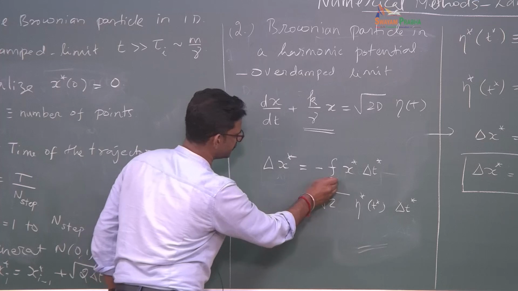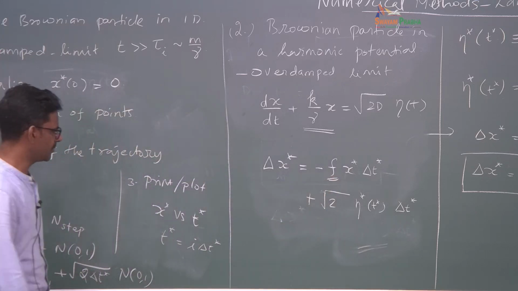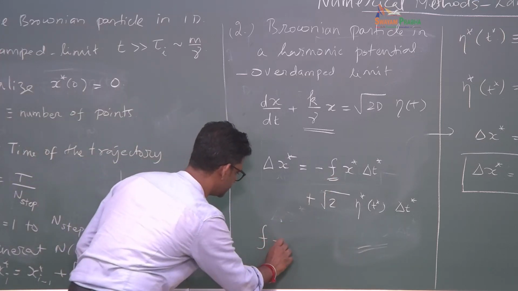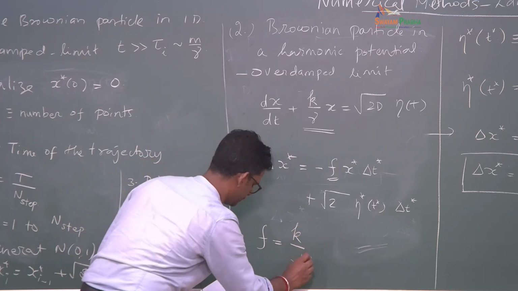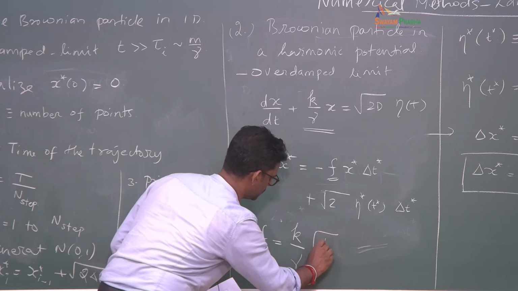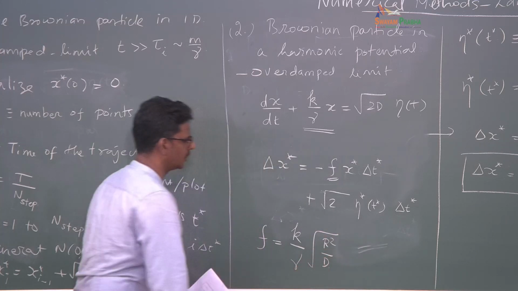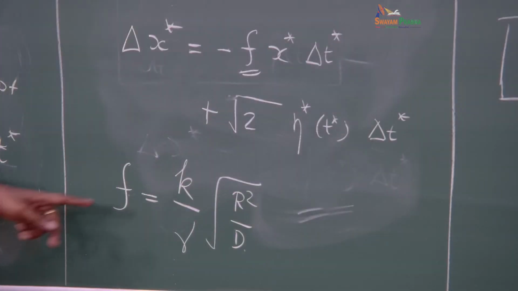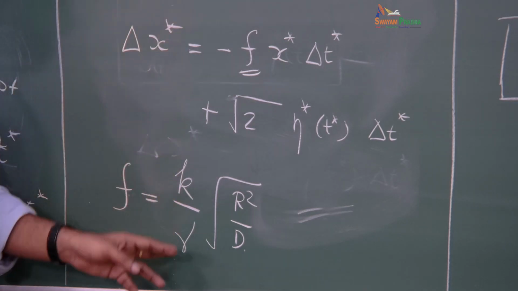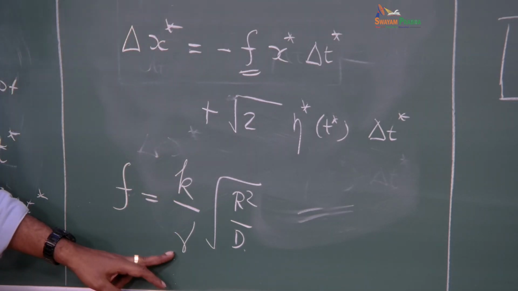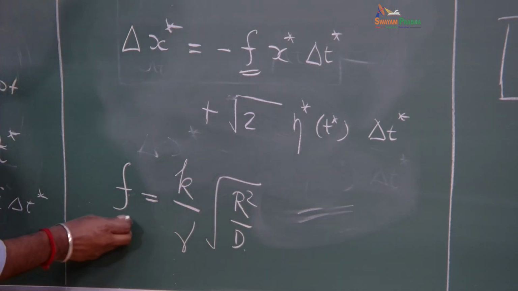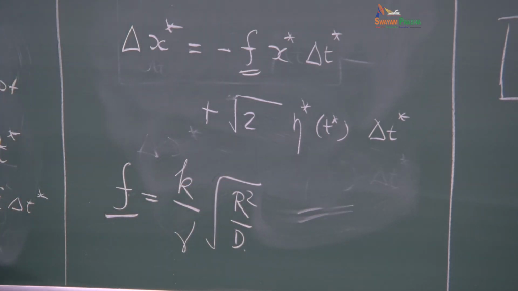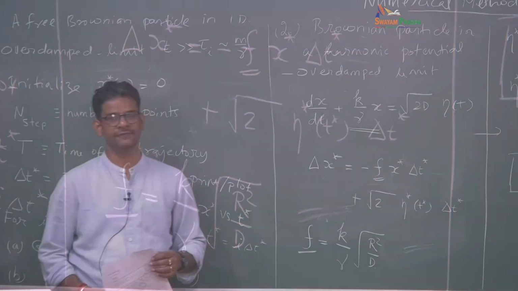Here you can see there is a parameter f that is coming up, and this is defined, as I said before, as a non-dimensional parameter, kappa or k over gamma times square root of r square by D. This is a non-dimensional parameter that tells you how stiff the spring is, or how stiff the potential is in confining the particle.